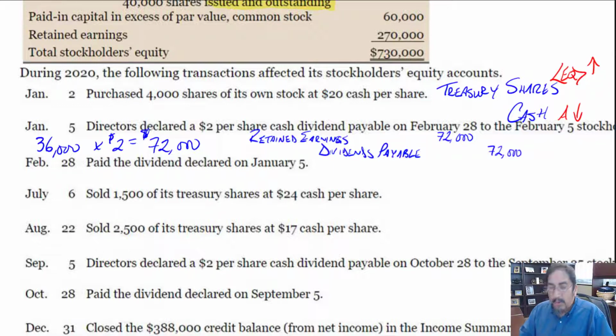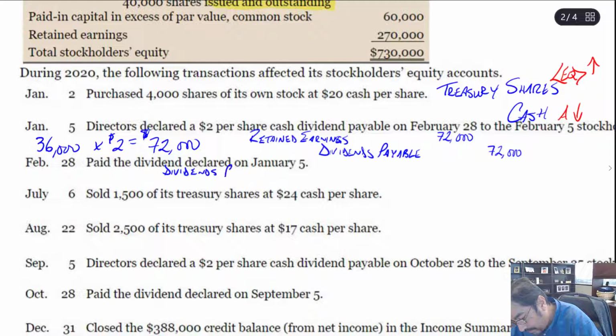We record this liability called dividends payable for $72,000. And then now it's the future. The next transaction is where we get rid of the dividends payable and pay the cash, both for $72,000.